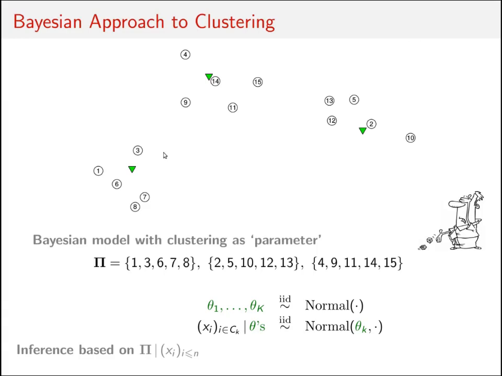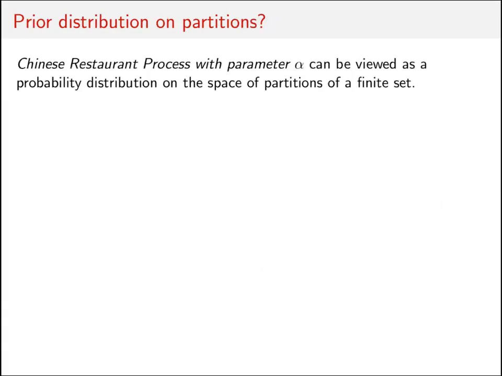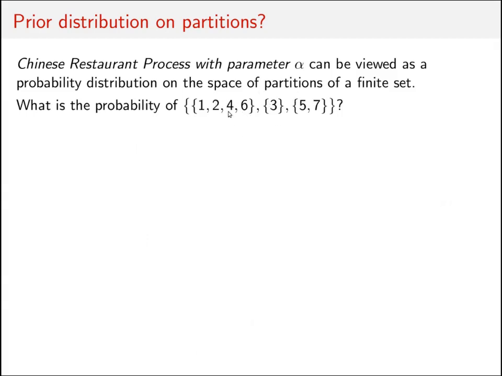And what about the prior distributions? What are prior distributions on this vast space of partitions? The simplest example, I think, is the so-called Chinese restaurant process. How is it constructed? Well, we need a parameter alpha, and I'm going to show you what would be the probability of such a partition of numbers from 1 to 7 in the Chinese restaurant process.